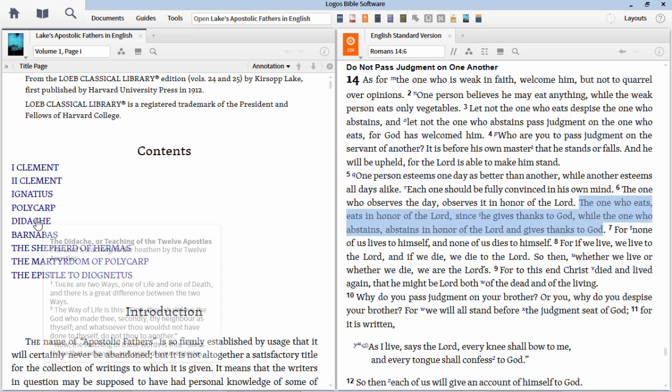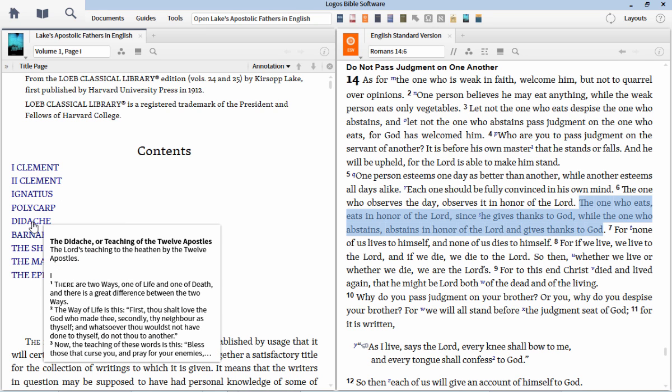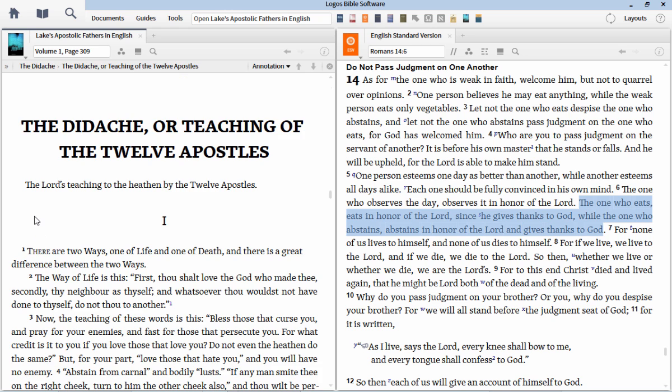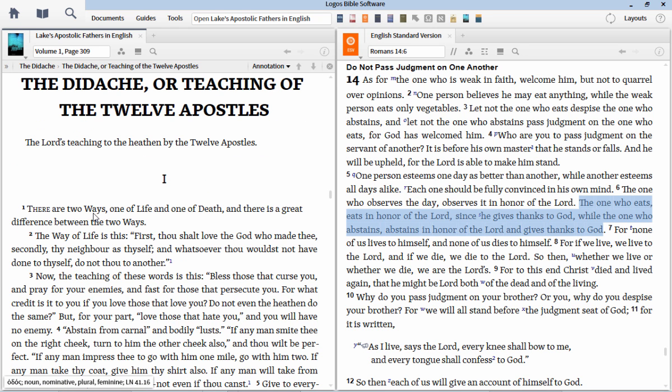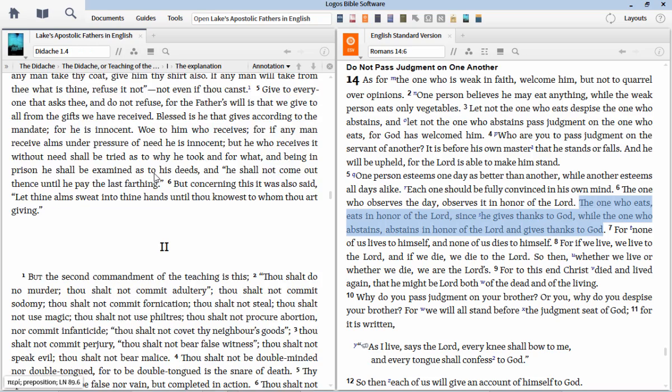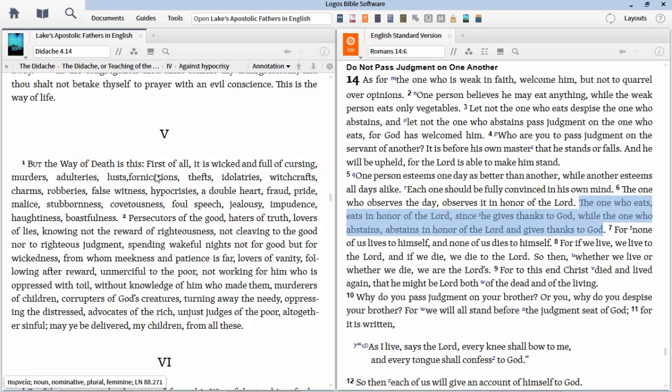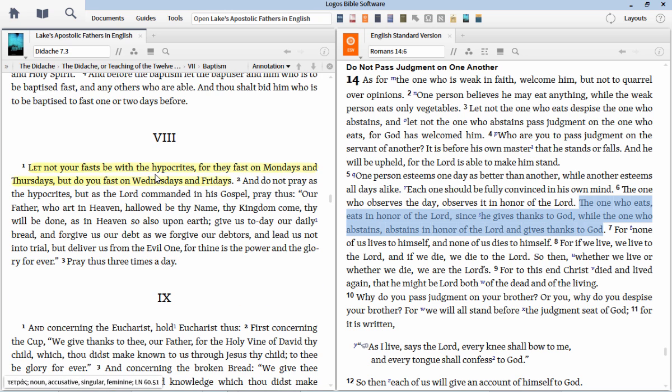If you go to the document called the Didache, the Teaching of the 12 Apostles, which wasn't written by the 12 Apostles, but somebody pretending to be them probably. But it's an interesting document, probably the earliest document outside the New Testament, written probably in the 1st century even. The Didache, and if you go to section 8, it says, let not your fasts be with the hypocrites.